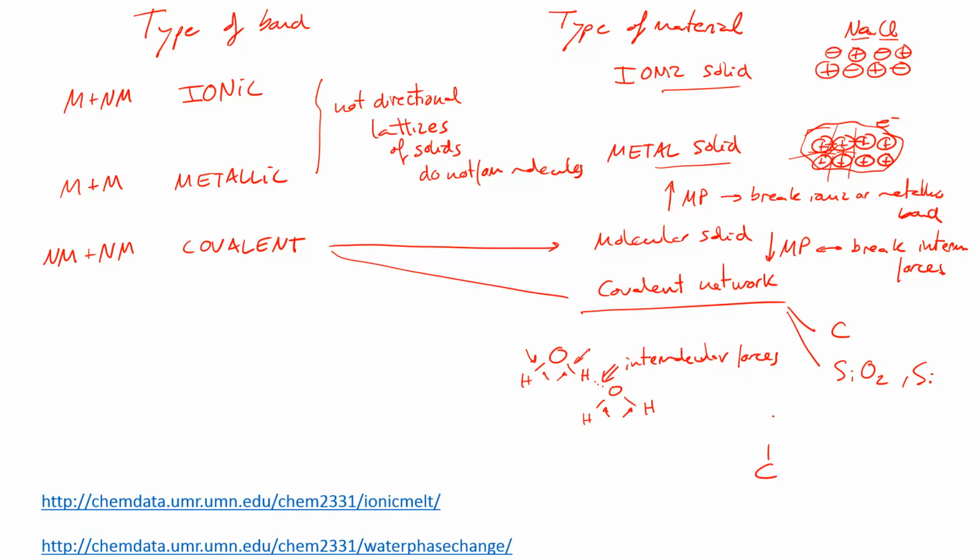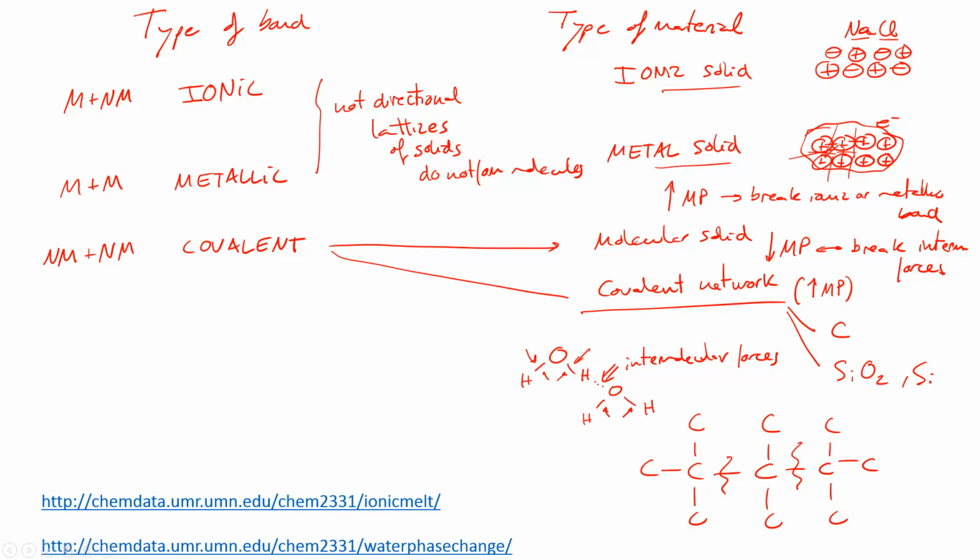This means that your carbon is not in the form of a molecule. It's spread all over the space. So to melt carbon diamond, because there's no molecule, you need to break covalent bonds. So covalent networks will again have a higher melting point.